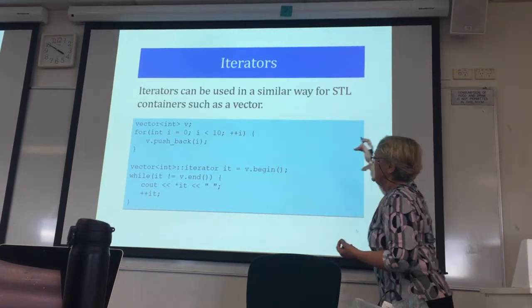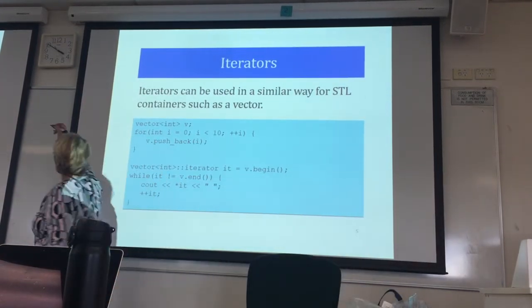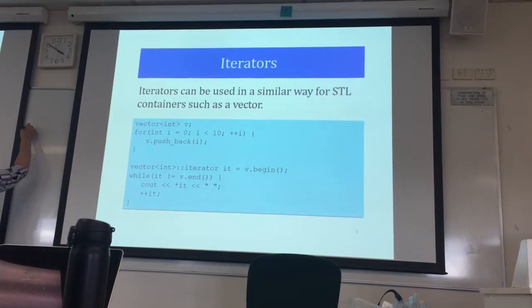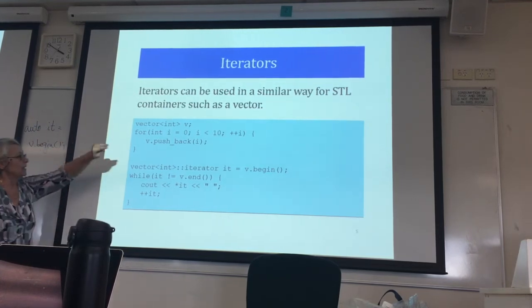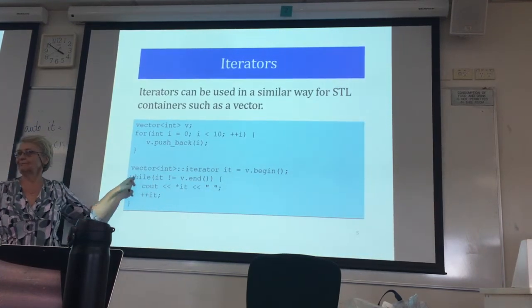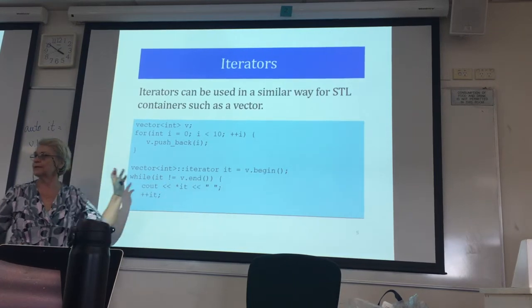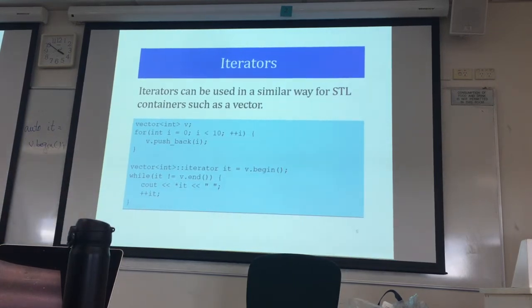If you want, so this would be equivalent to say auto IT equals V begin. And with this notation, IT will get this type. This happens with type inference. C++11 is able to do it.